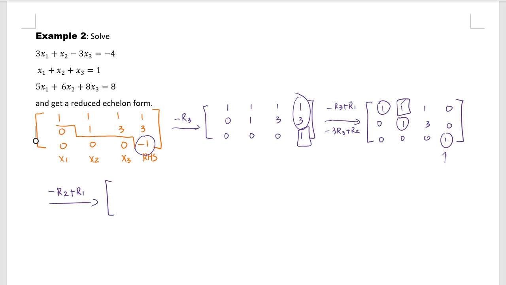The second row stays the same, and the last row stays the same. Then 1 minus 0 is 1, 1 minus 1 is 0, 1 minus 3 is negative 2, and 0 minus 0 is 0. So this is the reduced echelon form.